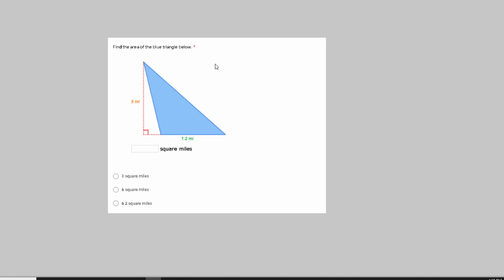Find the area of the blue triangle below. Okay, so again, this is the same formula as before. A lot of people miss this one as well, but it's the same thing. Now, I think what it was is that everybody multiplied 5 times 1.2. We know 5 times 2 is 10.